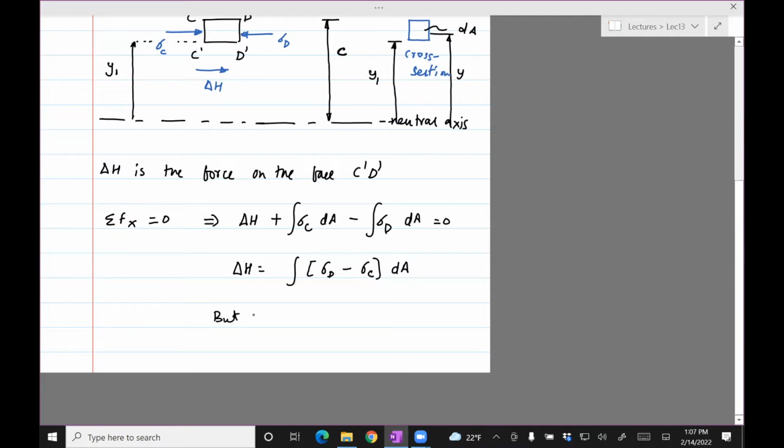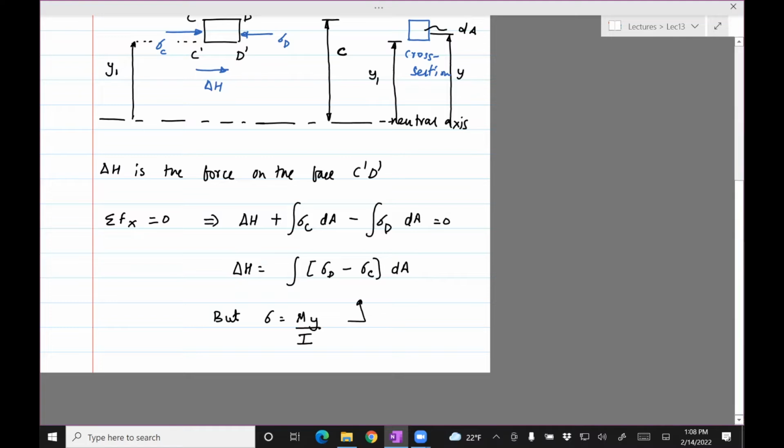But we know that sigma, which is normal stress, something we did in the previous section, sigma equals moment times y divided by I. So I'm just going to substitute sigma as so, but replace sigma D with, there's a moment MD acting on the right and MC on the left. So I just have to replace the right stress there. So I'm going to do that.